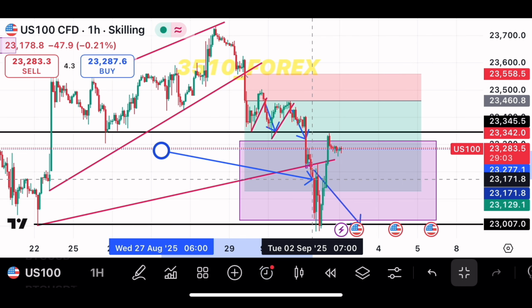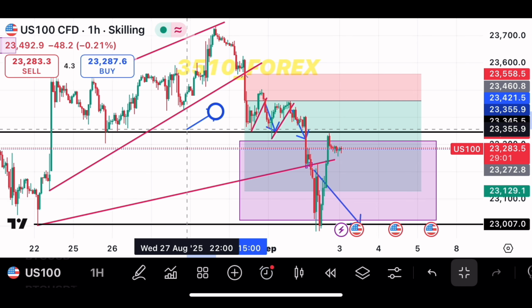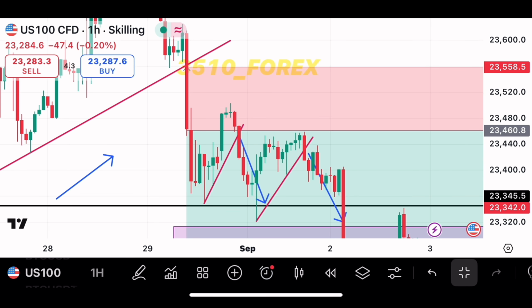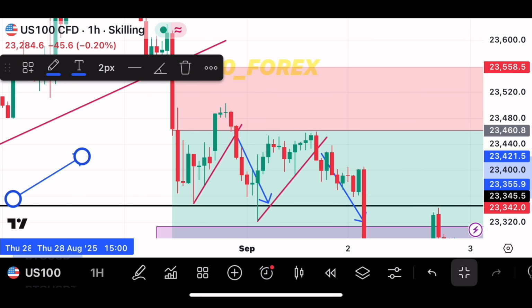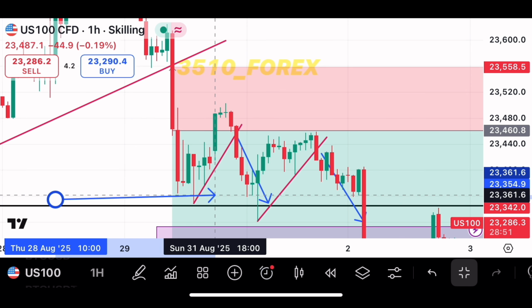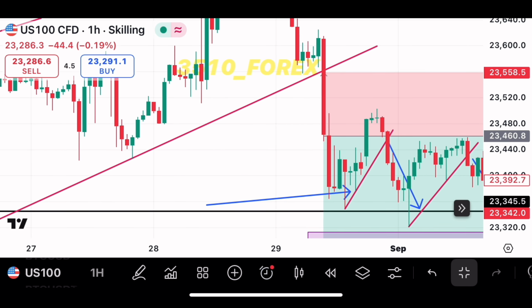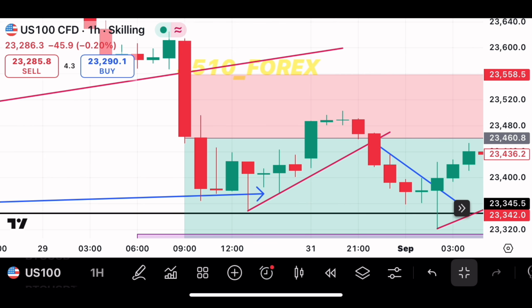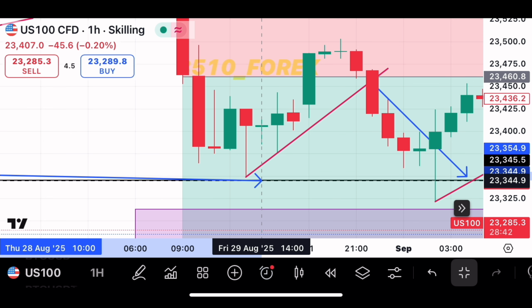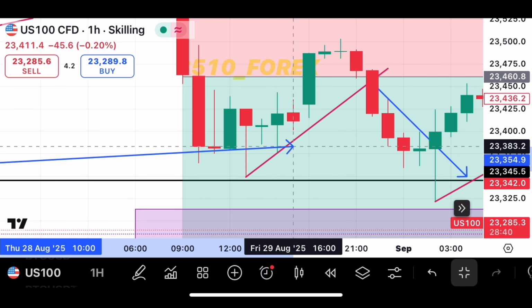But before that happened, if you zoom in here, I made some analysis too using my strategy. Again, let me zoom in again so that you'll see clear. We had touch 1 right here, we had touch 2, we had touch 3.